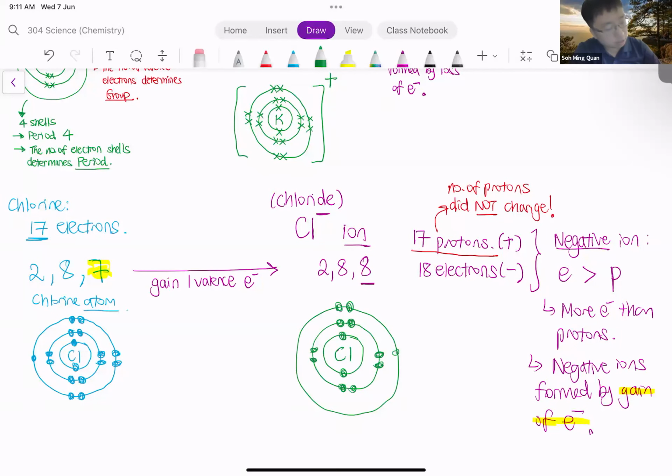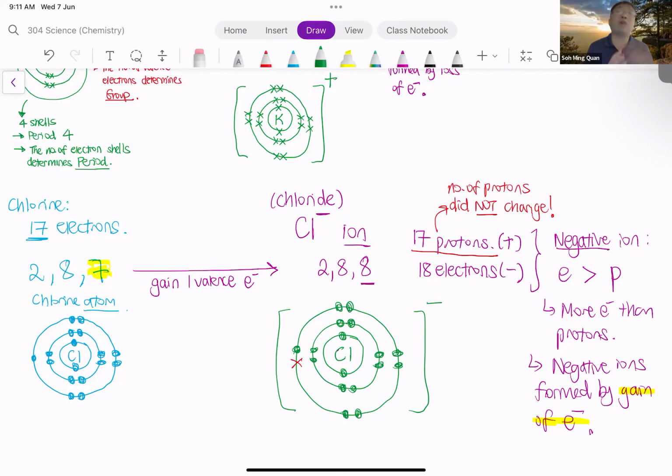Now, this is where you need to be slightly careful. It gained a valence electron, so you must use a different symbol for the electron gained. Then you must put square brackets and put the negative charge outside it. Just like what we did for K plus just now, Cl minus, the minus charge must be indicated.